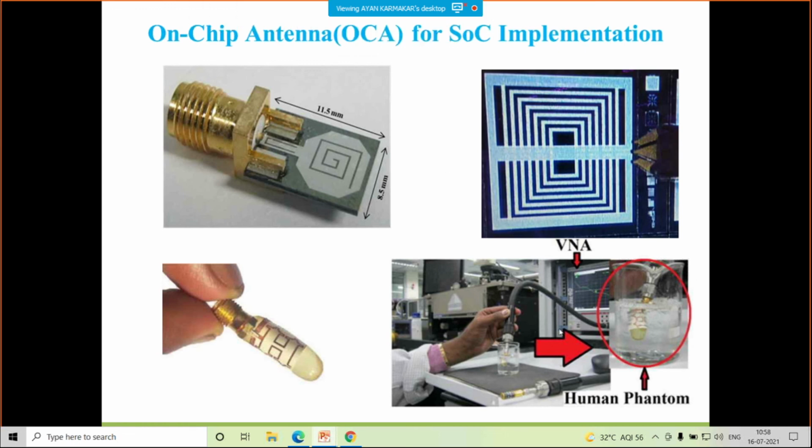We also made characterization with human phantom mimicking solutions and tested them in our BDD division in SCL itself. Finally, with the help of a flexible substrate like liquid crystal polymer, LCP, we have made these things also.